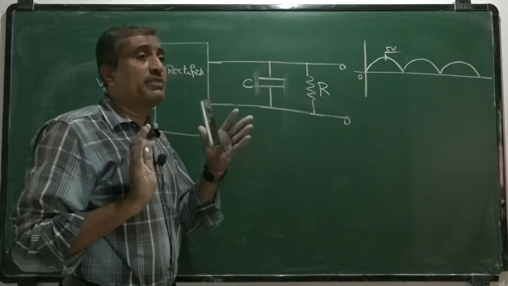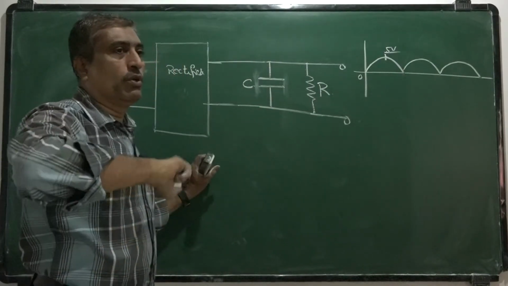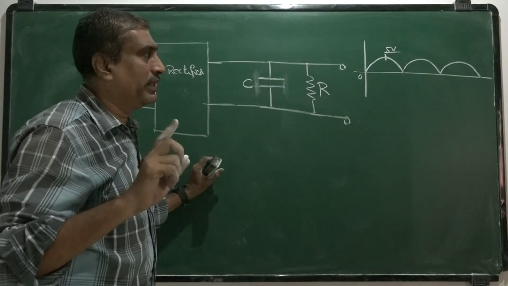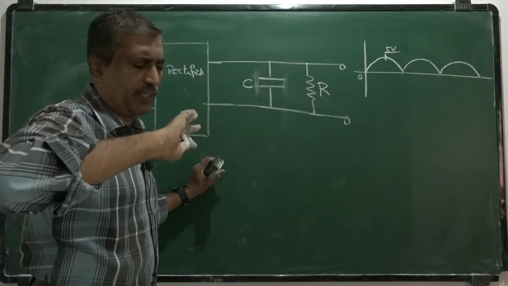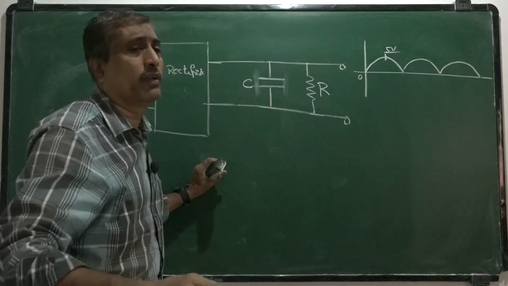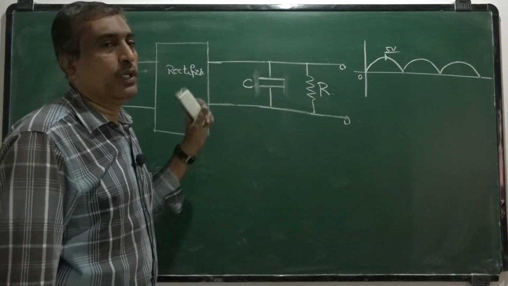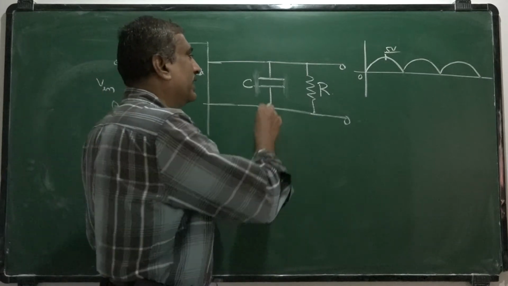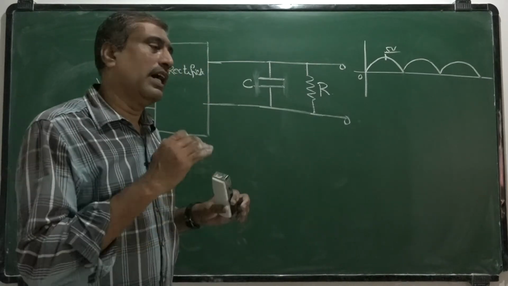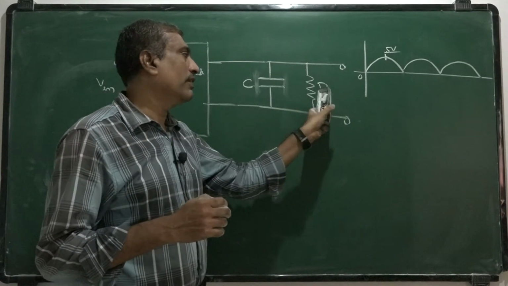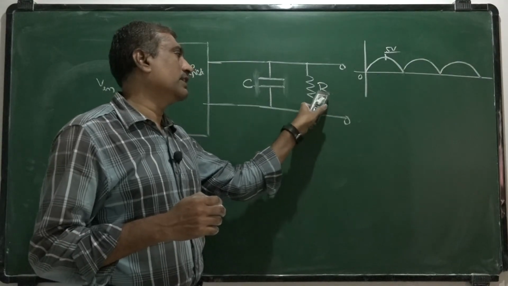So as we know, growth time is less compared to the time taken to decay, which is more compared to growth of this charge in a capacitor. So as it takes more time, that means the RC time constant is more for a decay circuit or discharge circuit.